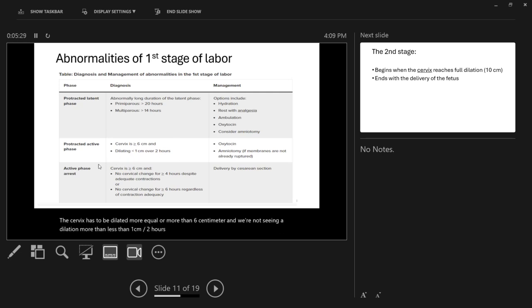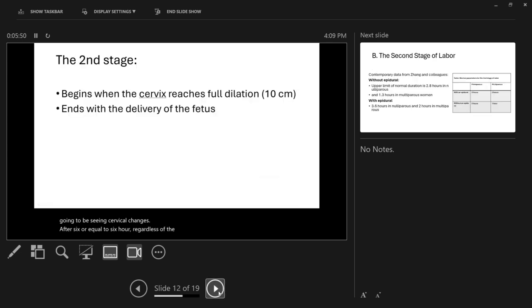That's going to be a protracted active phase. And in the case of active phase arrest after 6 centimeters, remember, we are not going to be seeing cervical changes for more than 4 hours despite adequate contractions, or we're not going to be seeing cervical changes after 6 hours regardless of the adequacy of the contractions.